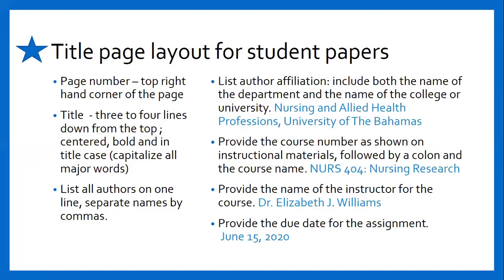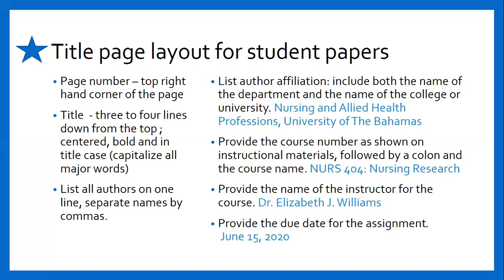The title page for student papers has changed insofar that they've given a very specific layout for the title page. It's cleaner and simpler, and no more of this submitted in partial fulfillment of whatever. It's simply, you put the page number on the top right-hand corner of the page. The title is 3 or 4 lines down from the top, centered, bold, in title case. In other words, you capitalize all major words.